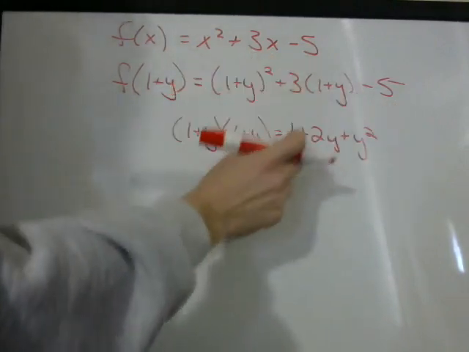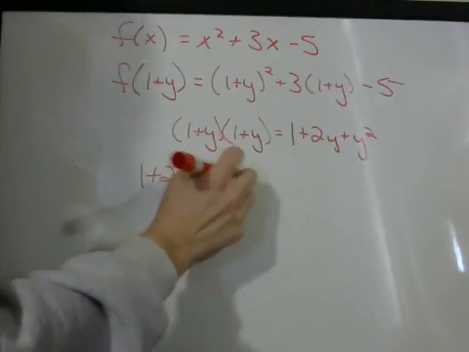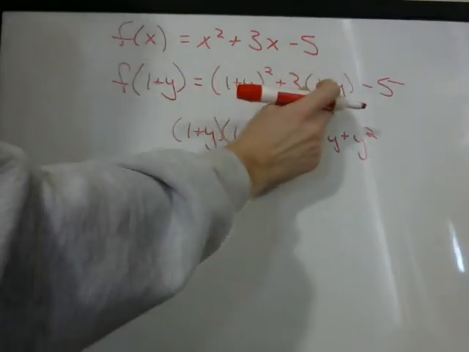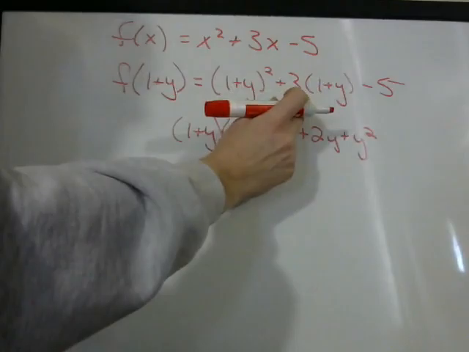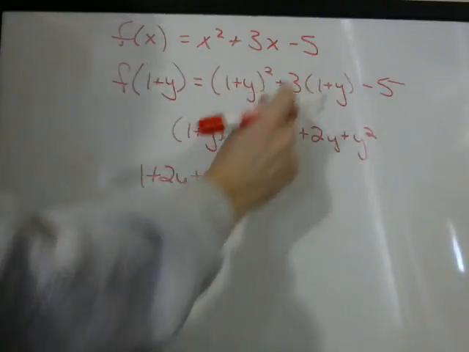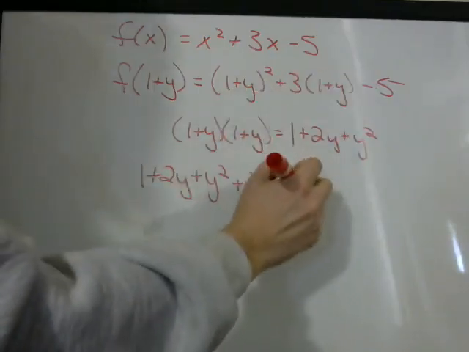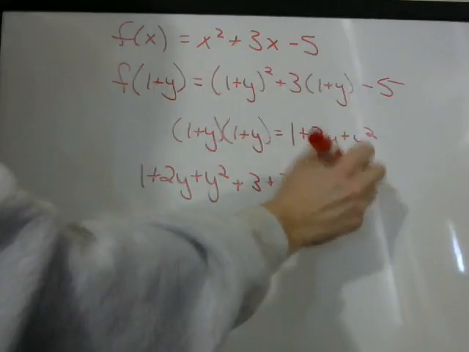So 1 plus y squared is 1 plus 2y plus y squared. And then you're going to use the distributive property to figure this out. If you don't know what that means, go back and watch the video on mathematical properties. So 3 times 1 is 3, 3 times y is 3y, minus 5.